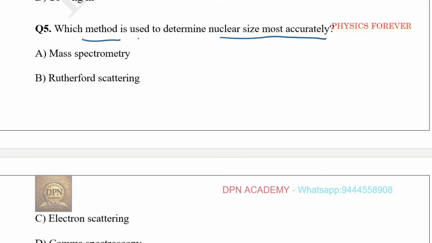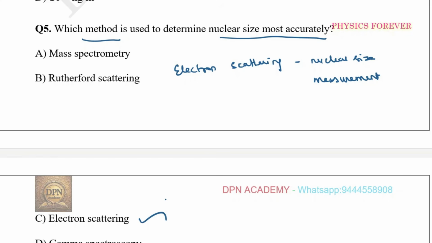The method for nuclear size is electron scattering. Electron scattering is used to measure nuclear size. So the option C, electron scattering.